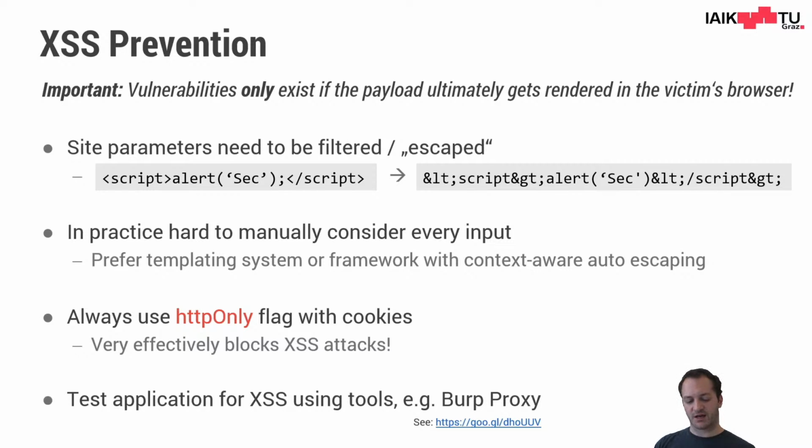The injection itself shouldn't be possible, but the harm is only done if an attacker manages to steal something. So whatever the user can enter, whether it's a GET, POST, or after this anchor tag, has to be filtered. Or as we know, filtering in this case is also known as escaping.